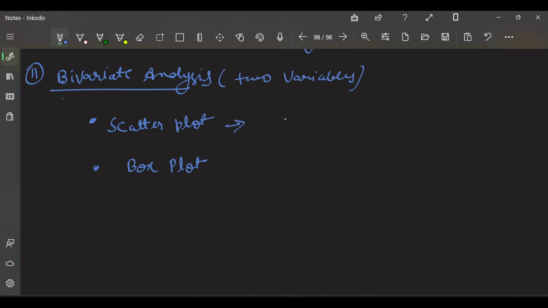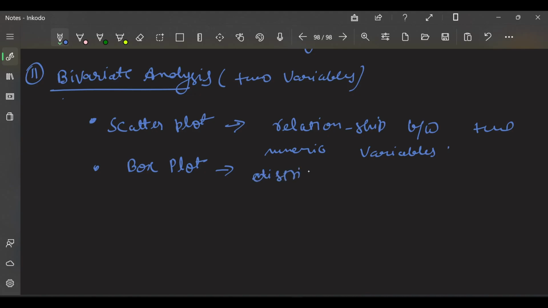The scatter plot shows the relationship between two numeric variables, and the box plot shows the distribution of numeric values across categories. I hope I am clear.